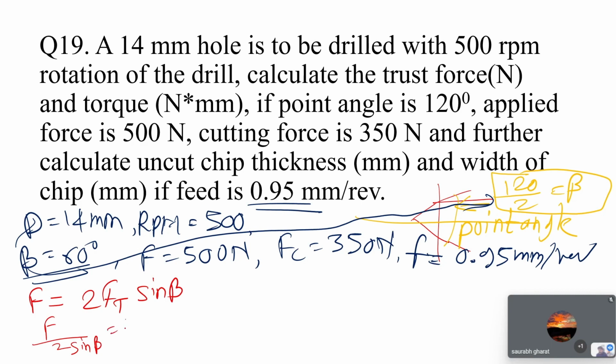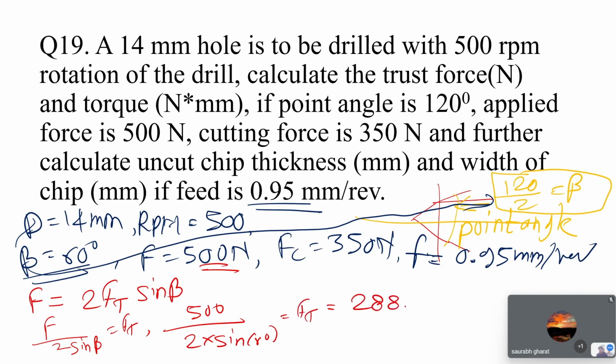So your Ft will be equal to 500 divided by 2 into sine of 60 degree. So Ft is equal to 288.675 Newton. You got your thrust force Ft.